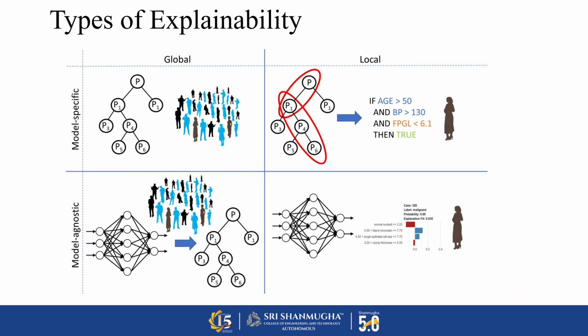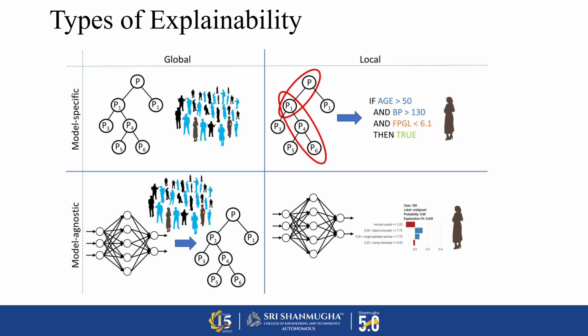In the local model, it predicts for each and every individual, for each and every instance. Why? What is the reason behind it? For example, if age is greater than 50 and ABP is greater than 50, then it is true. So the local is for each and every prediction, whereas global is applied to all of them.